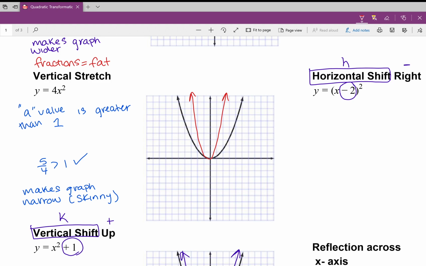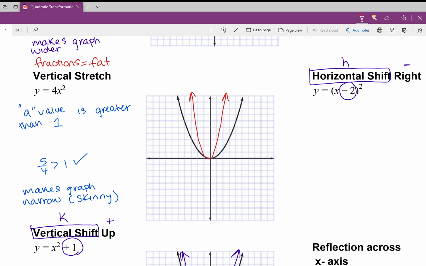And I want you to stretch your imaginary rubber band up and down. And notice as you stretch it up, your rubber band will get narrow. It will get skinnier. So that's one way to remember that a vertical stretch where the A value is greater than 1 makes the graph narrower or skinny.